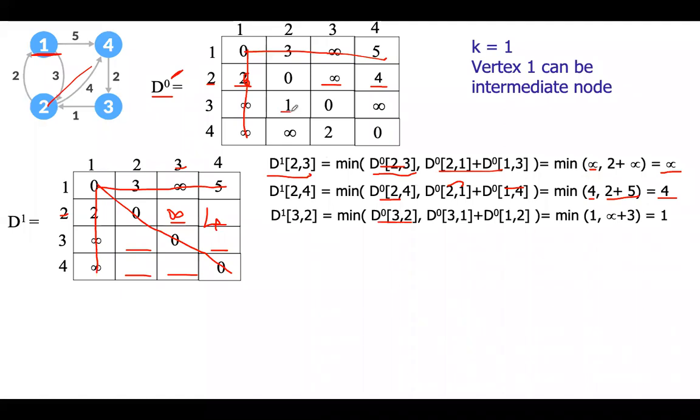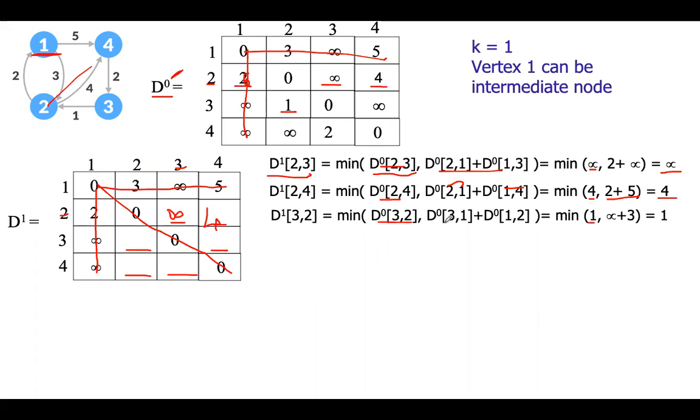Wherever I mention d naught, we have to see this matrix, and whatever value we get as output, that we will write in the d1 matrix. Is it clear? Here we are referring to the d naught matrix, that is the input matrix. Output is d1, we'll write the output here. So I have written two separate matrices. d naught of 3 to 2 is already 1. 1 we will write down here.